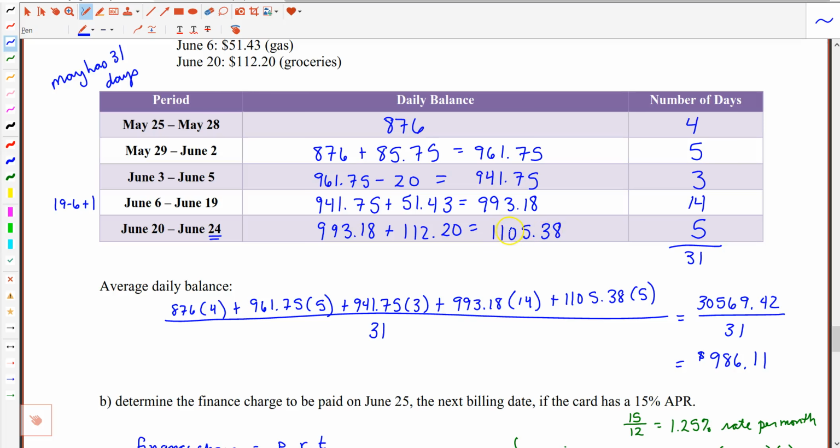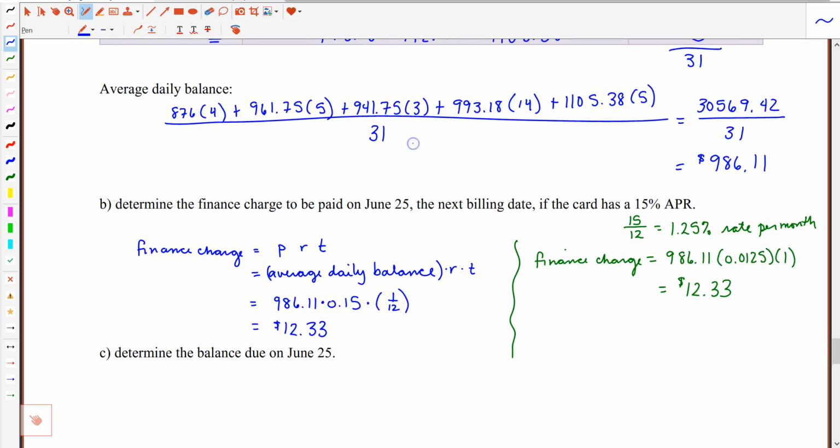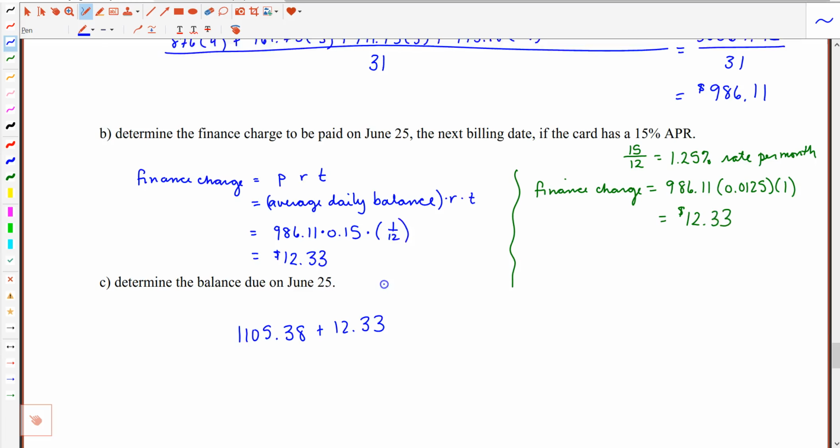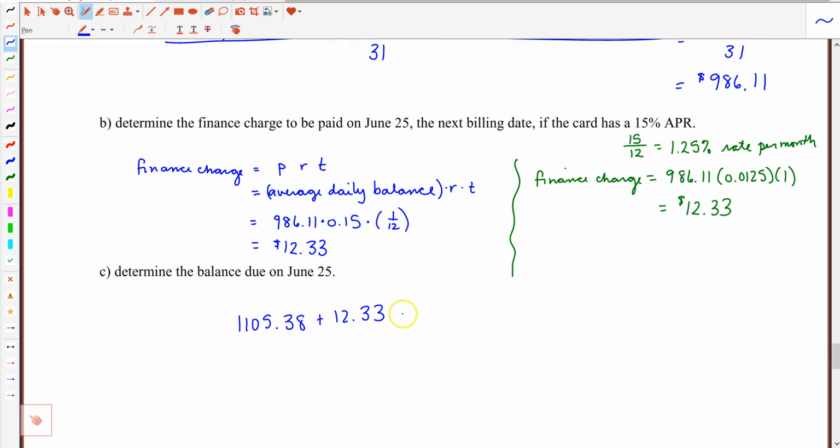That's what it would take to pay off this card. So we still have to pay off the $1,105.38, but in addition to that, we have the finance charges that we owe of $12.33. Which means the balance due on June 25th will be $1,117.71.